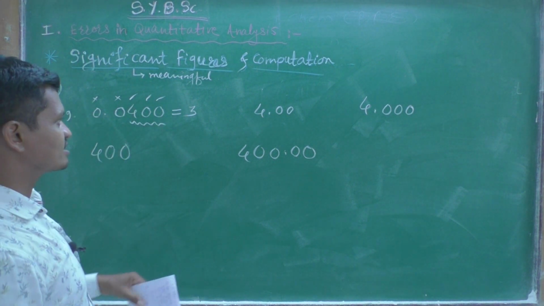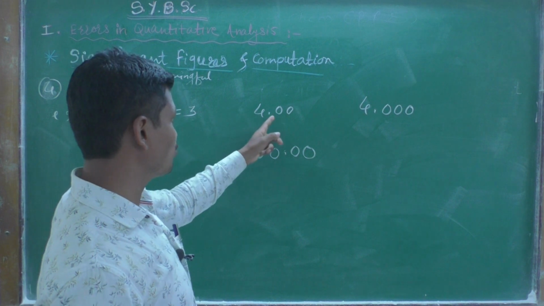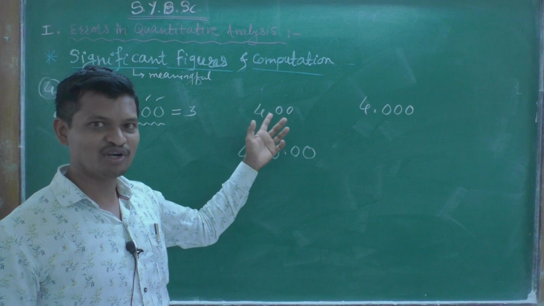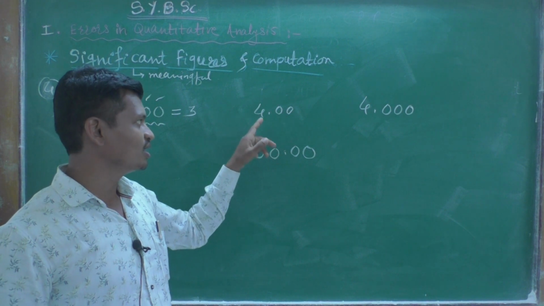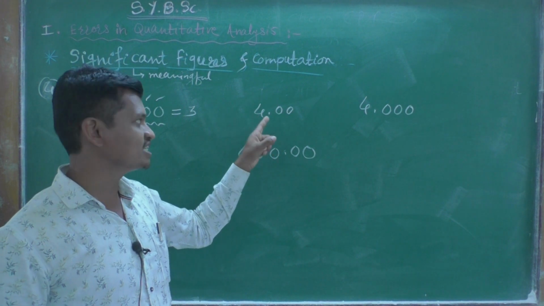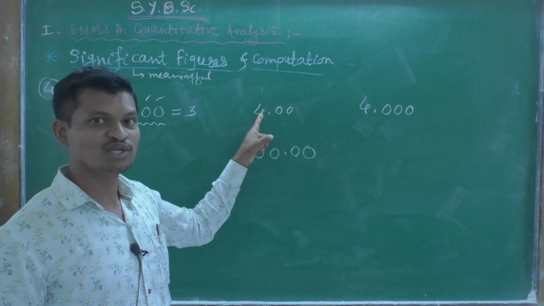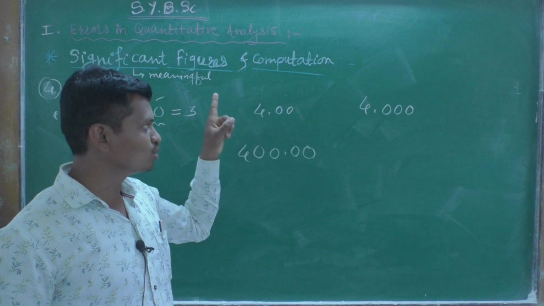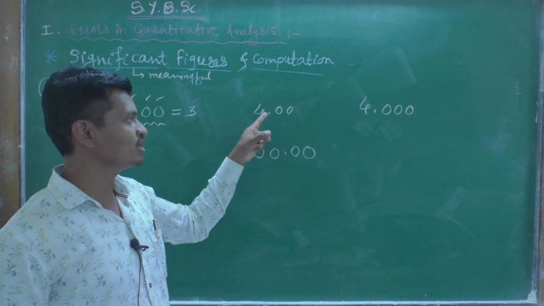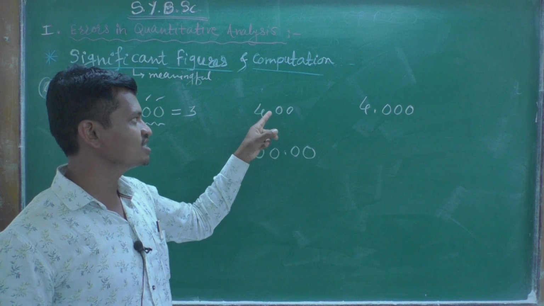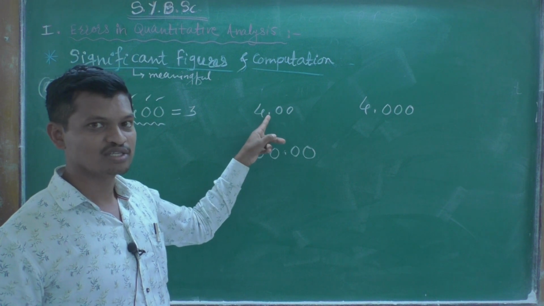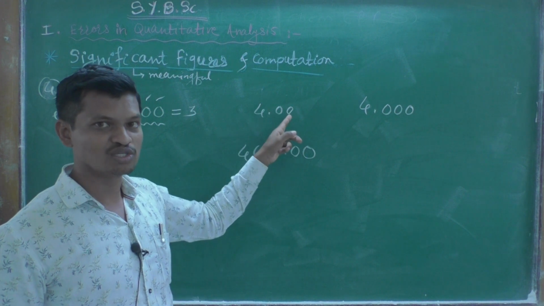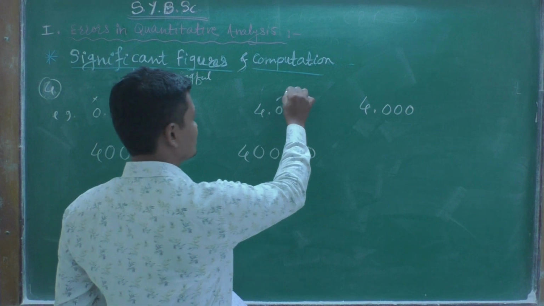Next number is 4.00. This is a non-zero number, and the decimal point is given after 4. Though the number contains 2 zeros after the decimal point, both these zeros are significant.